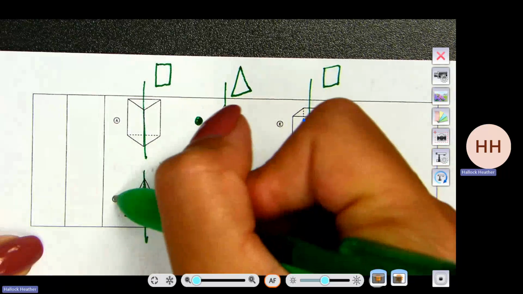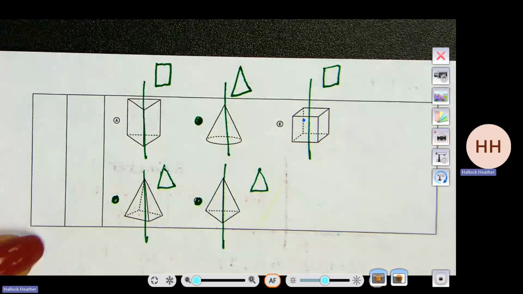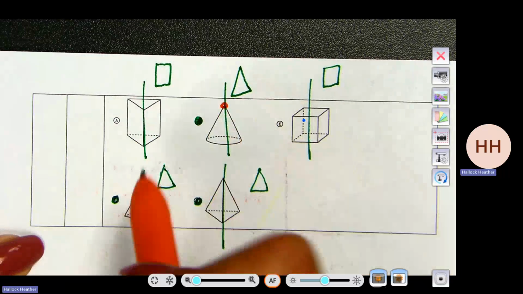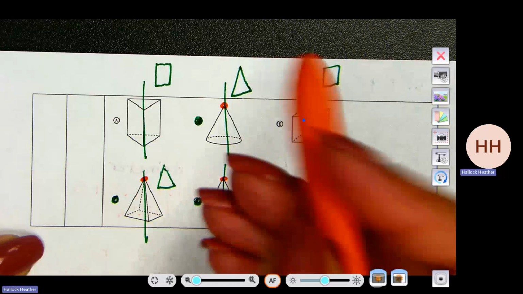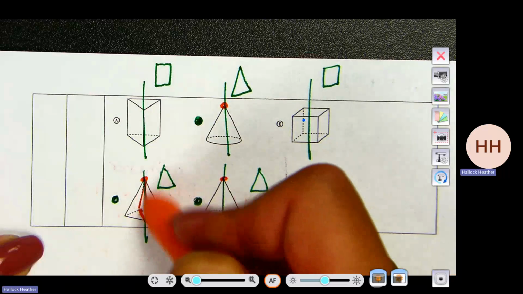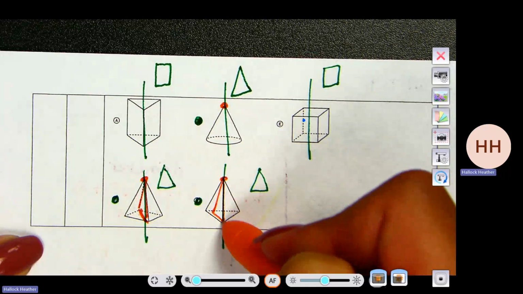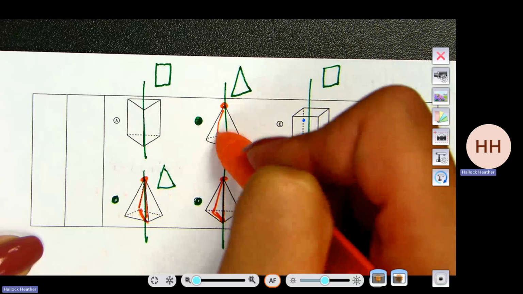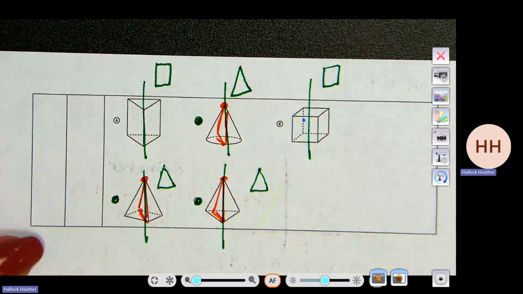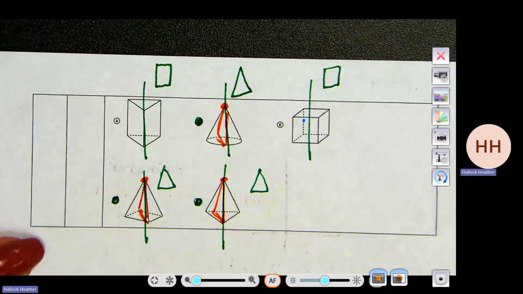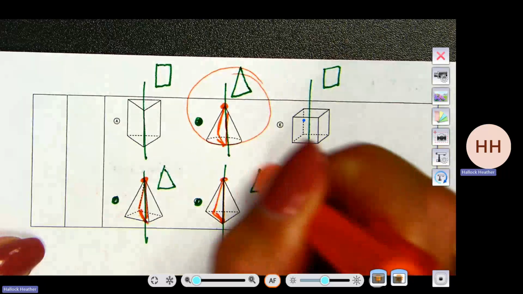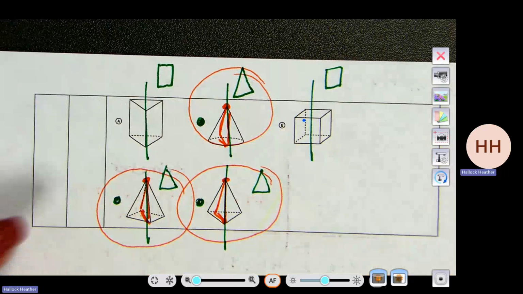Anything that comes to a point at the top is going to make a triangle because it's wide at the bottom and skinny at the top. So all 3 of these will make triangles when sliced perpendicular to the base.